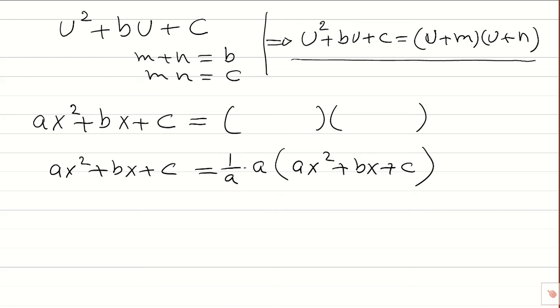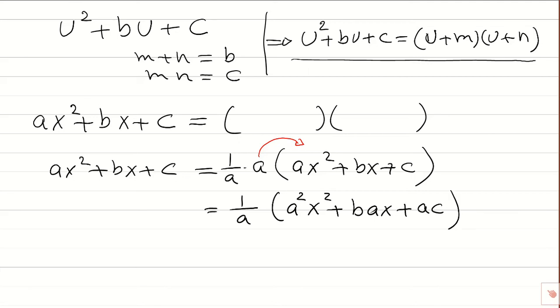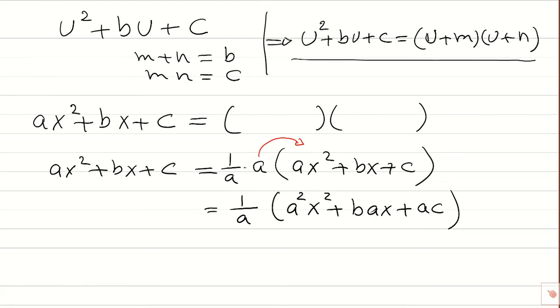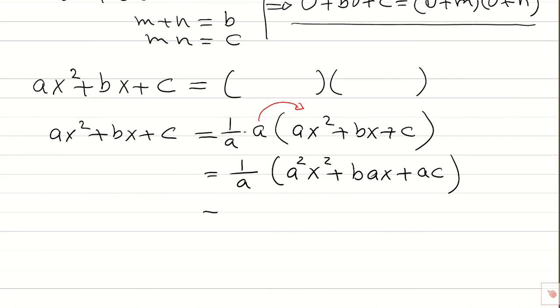But the good thing here is when you multiply a into this parenthesis, you will get a perfect square for the first term, which is 1 over a times (a squared x squared plus b times ax plus ac), right? You will get something like this. And now this can be written as 1 over a times ((ax) to the power of 2 plus b times ax plus ac).